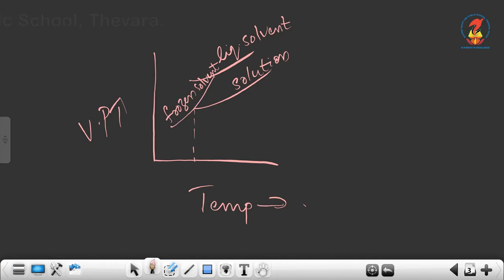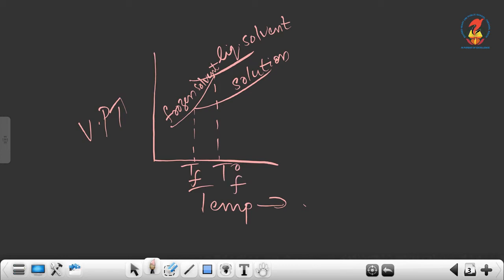Now this is the solution curve. So this temperature is the freezing point of solution, and this temperature, starting from the liquid solvent curve, is the freezing point of pure solvent, T0F.